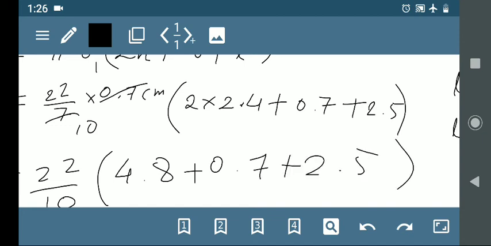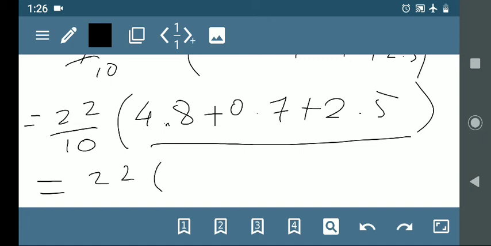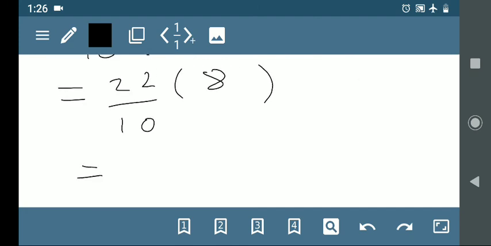Okay, want me to do this? 4.8 plus 0.7 is 5.5, plus 2.5 is 8. So 8 times 22 is 176, divided by 10, which is equal to 17.6 centimeter square, the remaining total surface area of the solid.